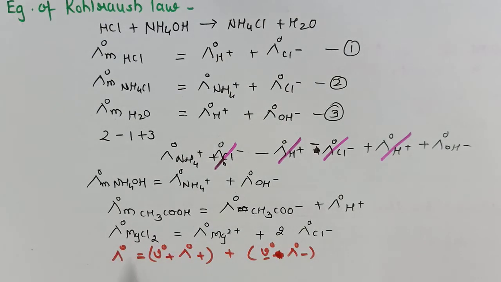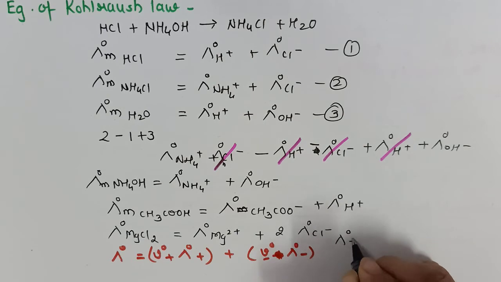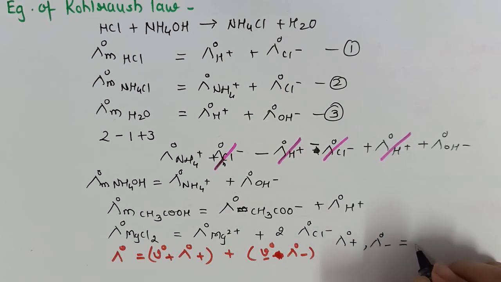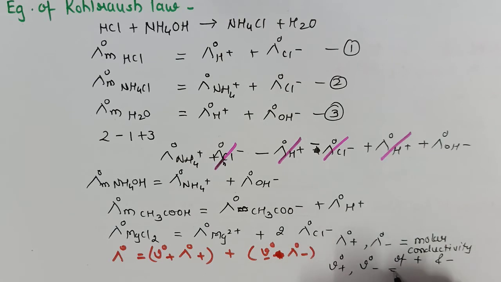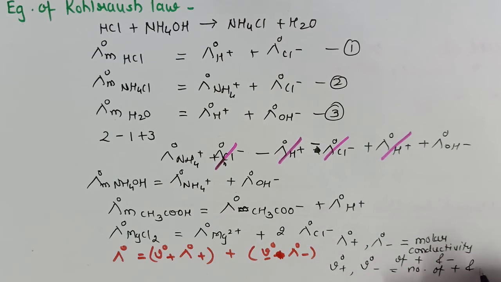In simple words, we can say that the limiting molar conductivity of the electrolyte will depend on v+ lambda naught plus and v- lambda naught minus, where lambda represents the molar conductivity of the cation and anion, whereas v+ and v- represent the number of cations and anions produced by that electrolyte.